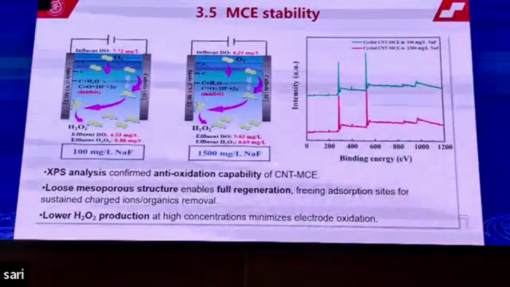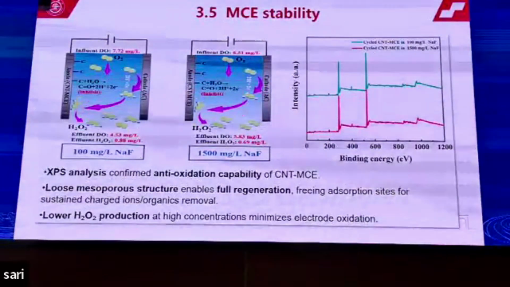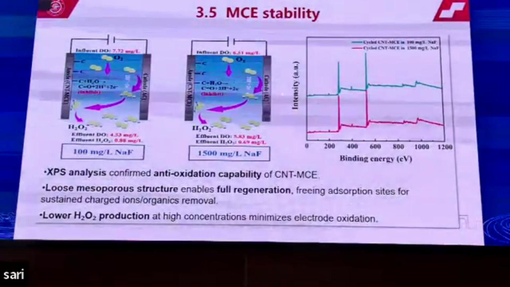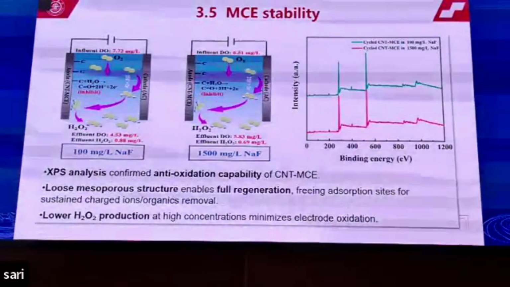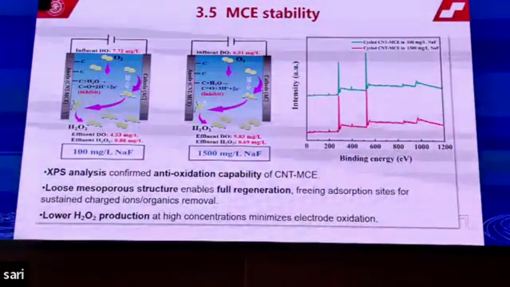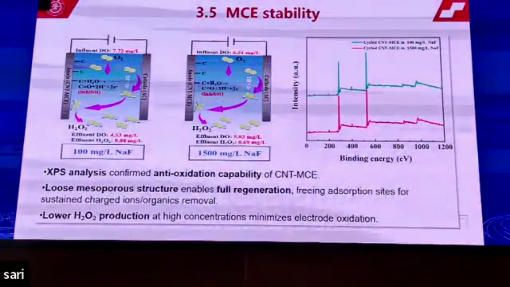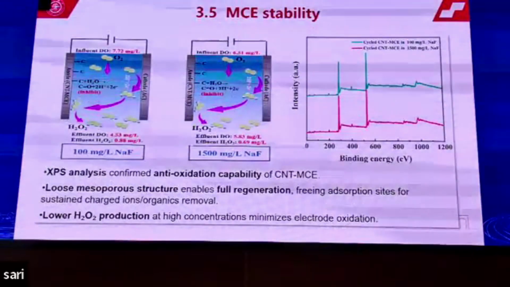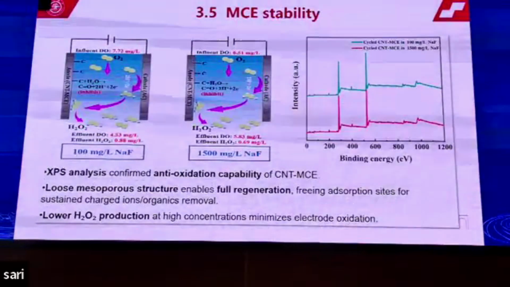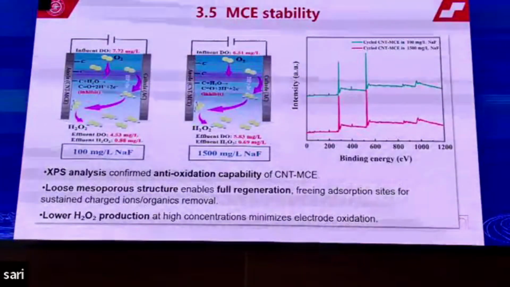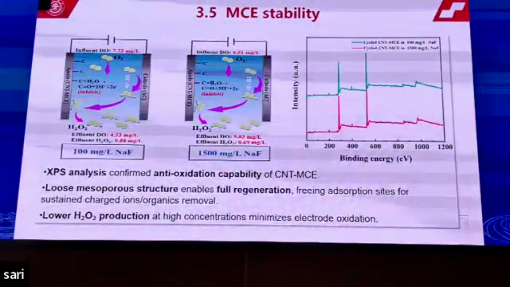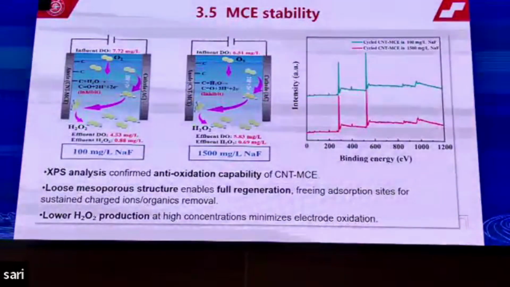But during the process, we also found the production of hydrogen peroxide. With the production of this product, we can find the effluent DO was decreased while the concentration of the hydrogen peroxide was increased.